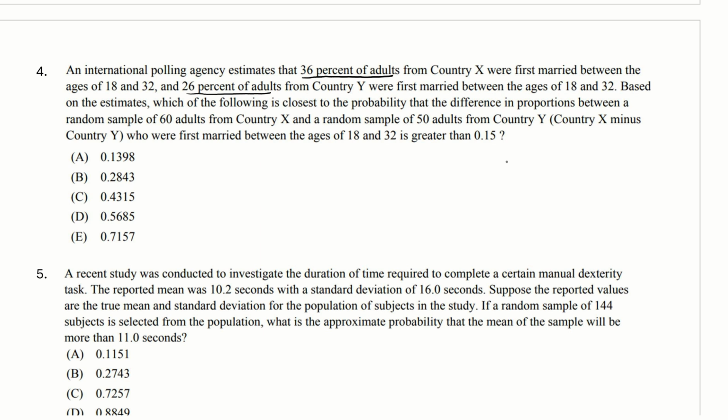Based on the estimates, which of the following is closest to the probability that the difference in proportions between a random sample of 60 adults, so that's my N1, and we'll call this P1, and then we've got P2, from country X and a random sample of 50 adults from country Y, so that's N2, country X minus country Y is what they want us to do. Let's call it PX and PY, and NX and NY, just so that we don't confuse it. We know that X is country X and Y is country Y.